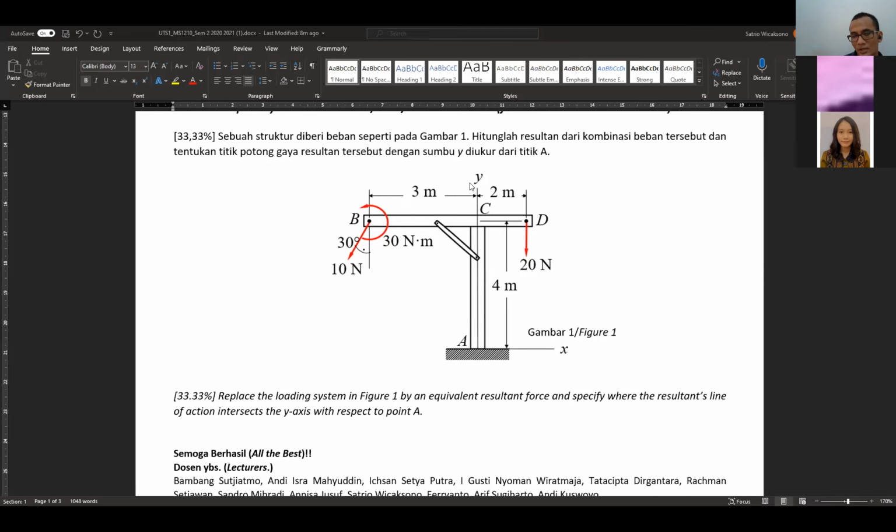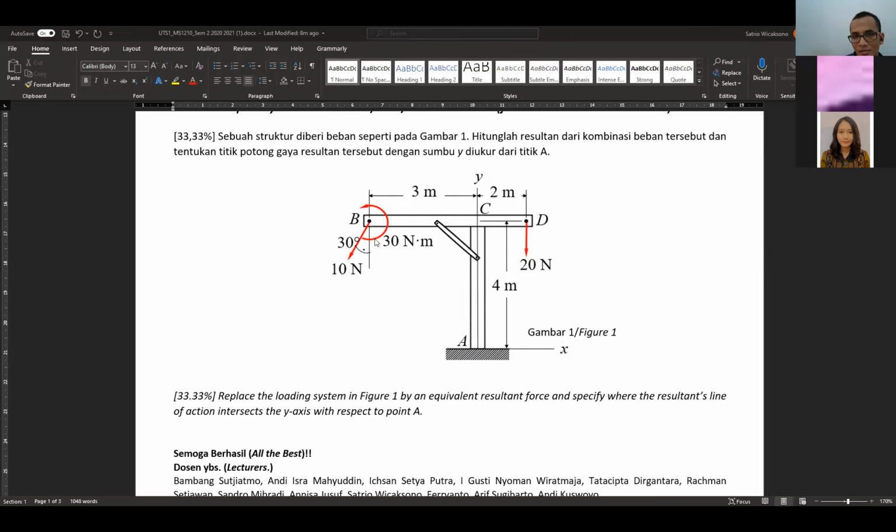So basically, you can do what you did before. I explained to you before already, that you can move all these forces. You can move the force which is happening at point D to point C, and while moving it, you will create a couple moment as well.